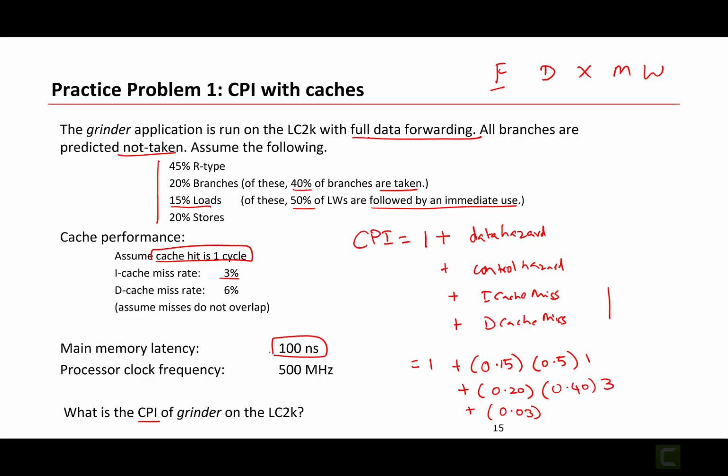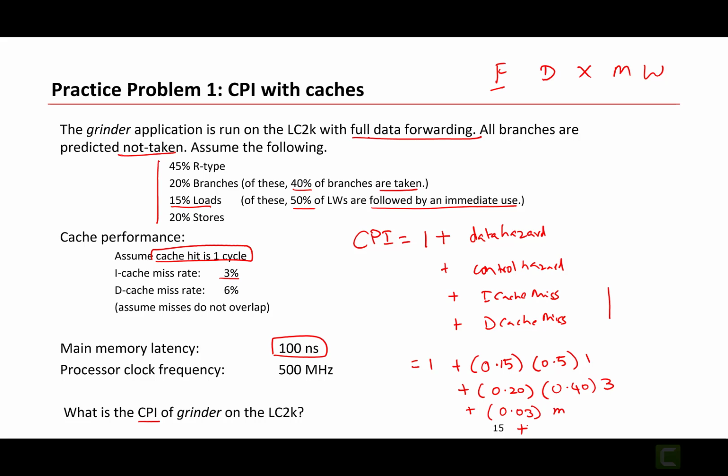Now I need to translate this latency into a clock cycle count, so that I can plug it into my equation. For now, I'm just going to assume it's m, and then I'm going to come back and compute what that m is based on the main memory latency that is given to me. Finally, I have the data cache miss penalty.